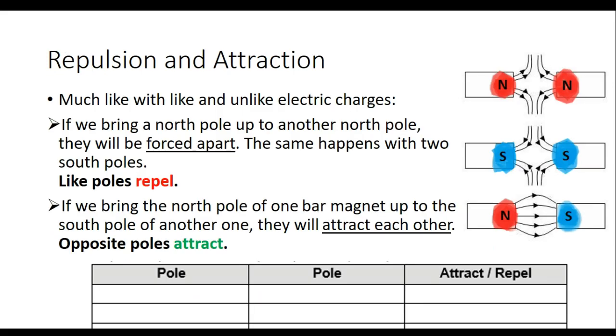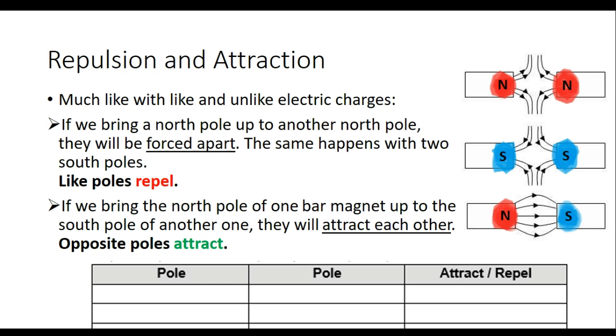We will now look at repulsion and attraction, and this idea should be familiar to you because we've talked about it in terms of electric charges attracting or repelling. When we have a magnet, we have a north pole and a south pole. If we put two north poles or two south poles close to each other, they will force each other apart.